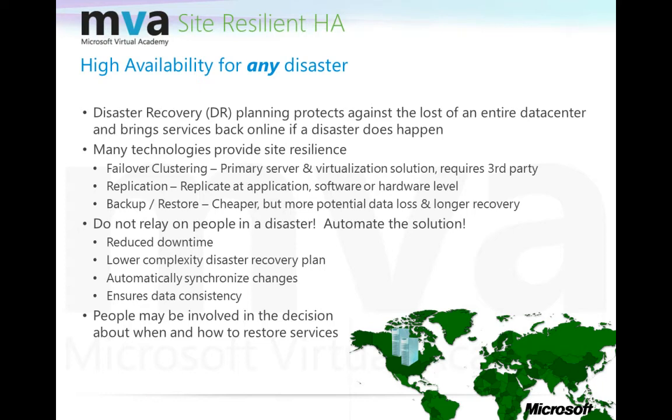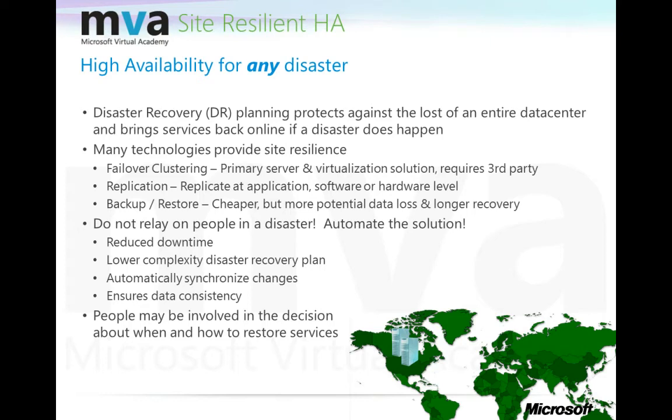The third type of site resilience high availability is using backup and restore. This means that you're constantly taking copies of the primary data from the primary site, and if that site becomes unavailable, you could go and restore the data from another location to bring the services back up.